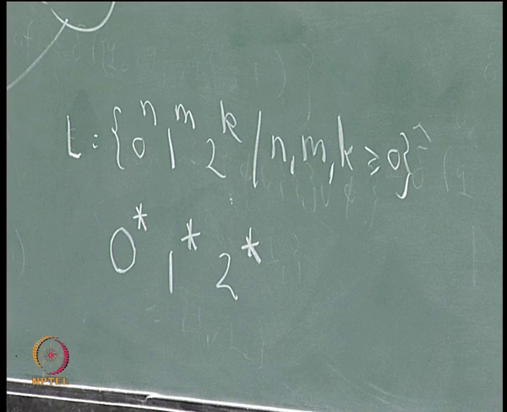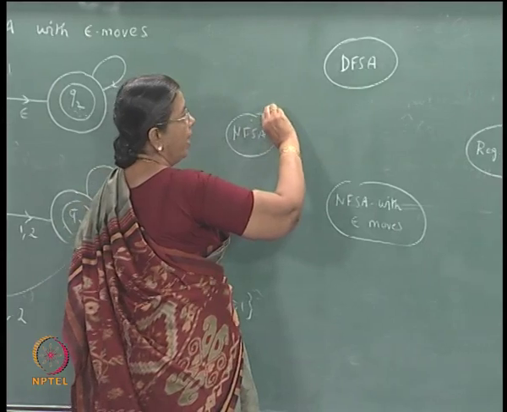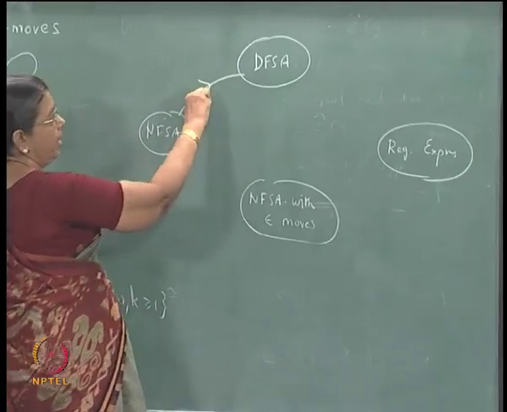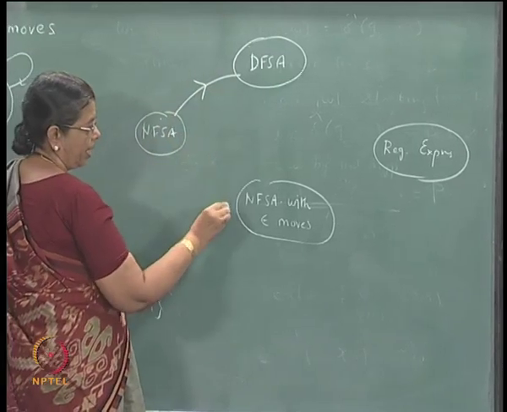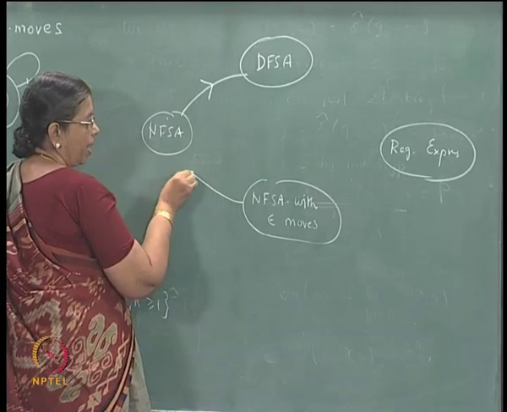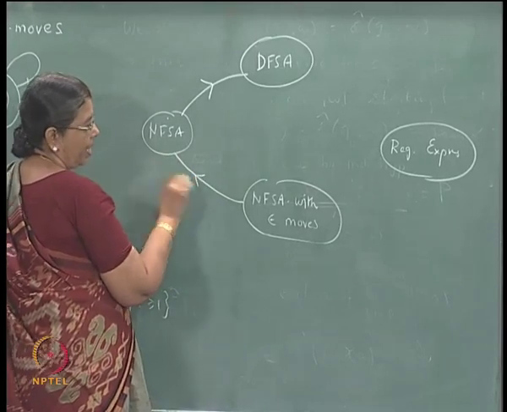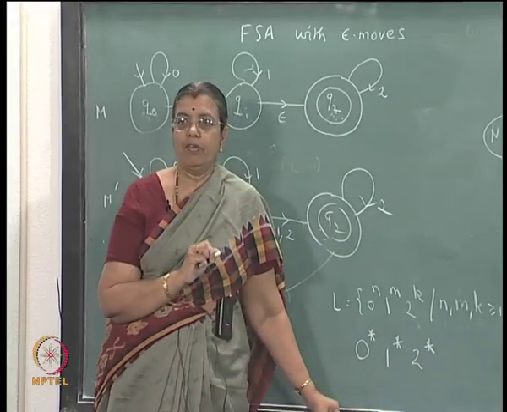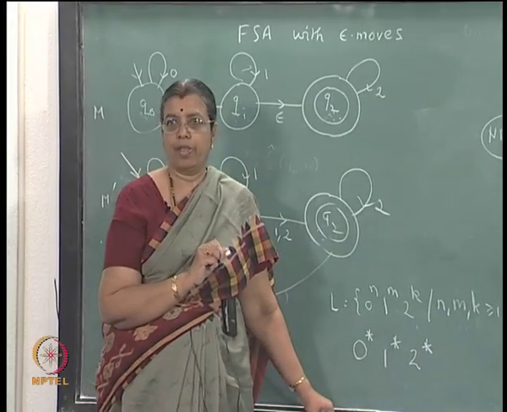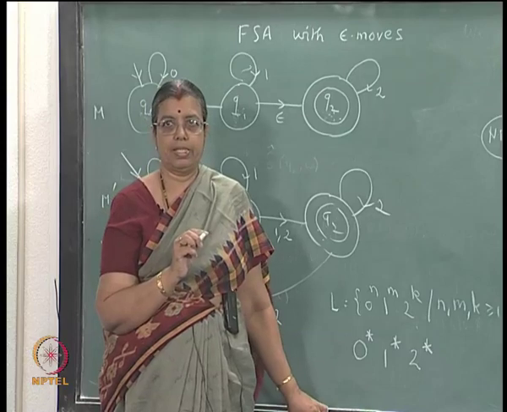Now, what we have earlier seen is, given an NFSA, how to construct a DFSA. This is by what is known as a subset construction, and given an NFSA with epsilon moves, how to construct an NFSA without epsilon. That is what we have seen today, how to remove the epsilon transitions.